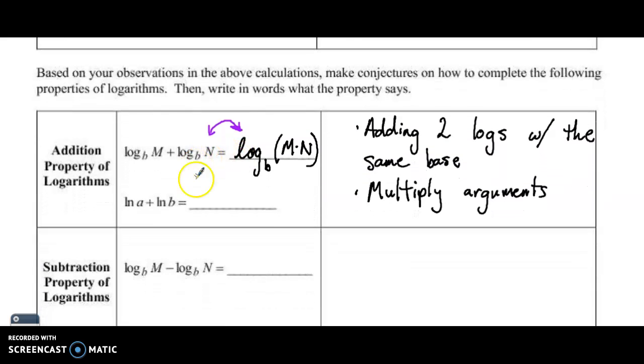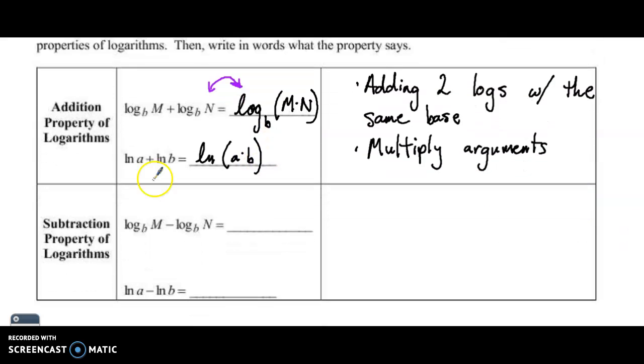I guess I didn't finish this one either. Finish that and get some good notes. A times B. If we are subtracting here, notice the difference, we're subtracting, and the bases are the same, then we can divide our arguments.